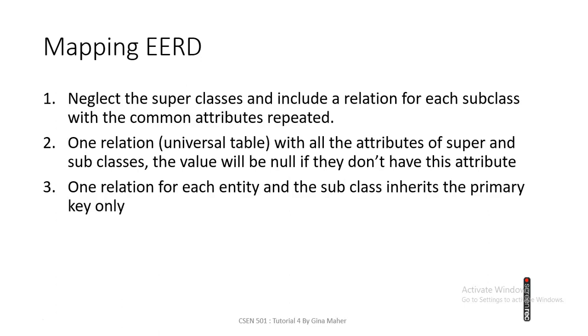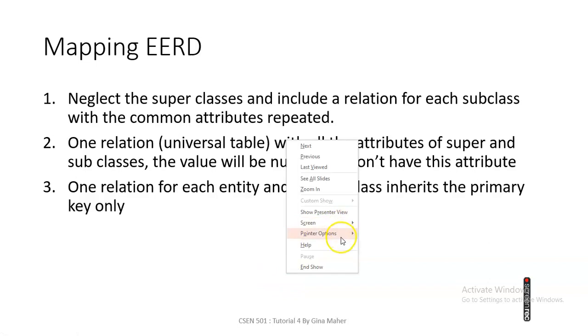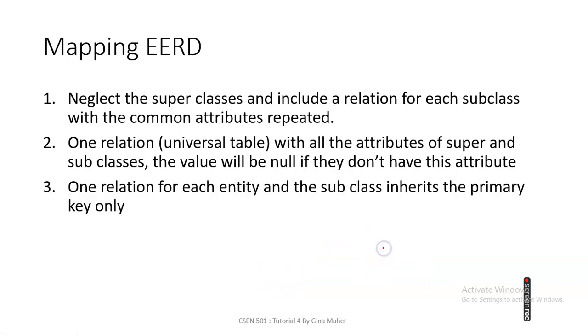Number one, either to neglect the superclasses and include a relation for each subclass with the common attributes. For example, assume that we have a class called animal, and there are two subclasses, dog and cat.